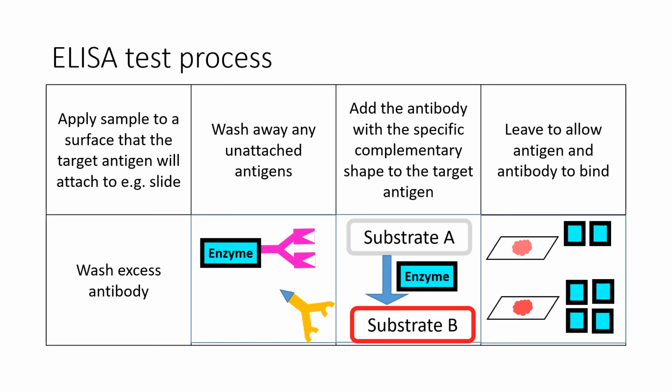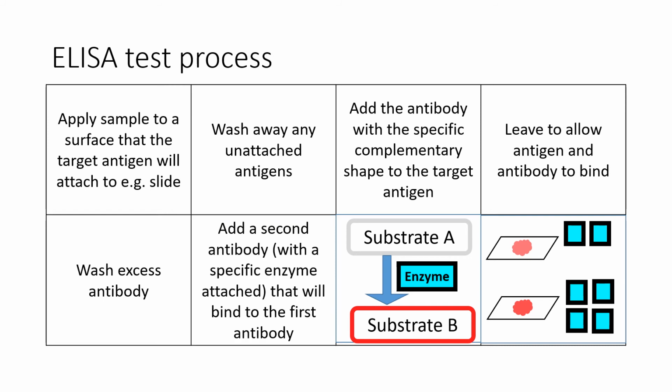We then add in a second antibody, and that second antibody contains an enzyme. That antibody is complementary to the first antibody. Because the first antibody is attached to the particular antigen that we're testing for, the second antibody attaches to the first antibody, which is attached to the antigen and the pathogen, which is fixed to the slide.